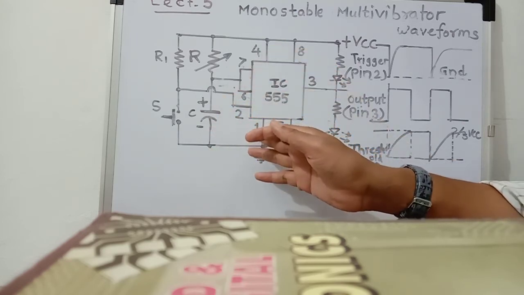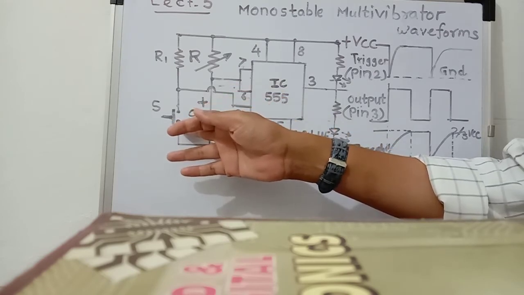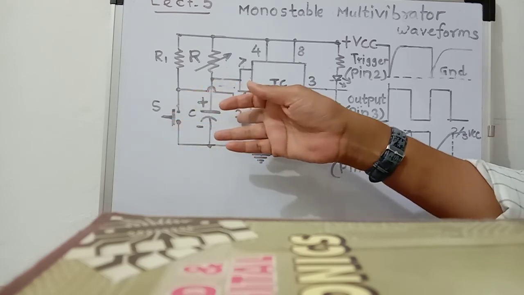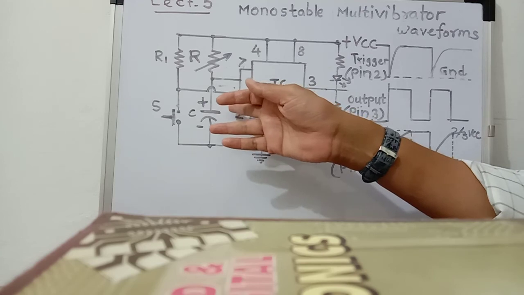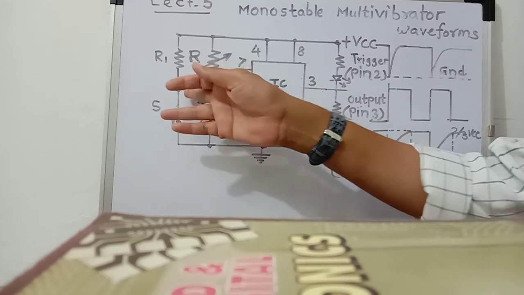Now, when the next trigger pulse is applied, the push button is again pushed, then again the trigger input goes low, or it becomes less than 1/3 VCC, that is, trigger input voltage is 0 volt.